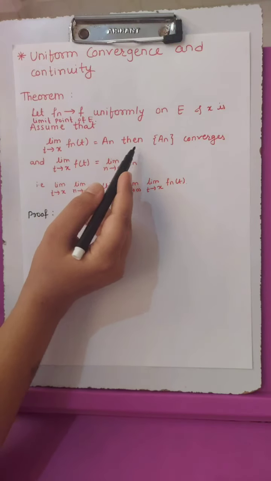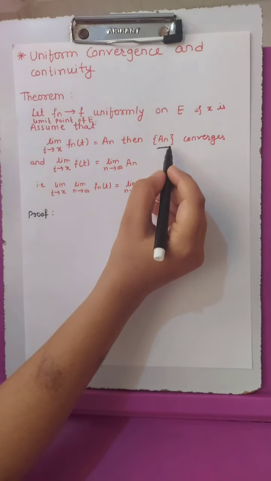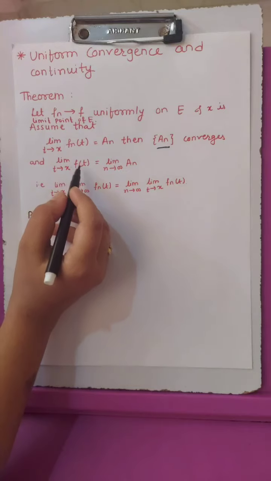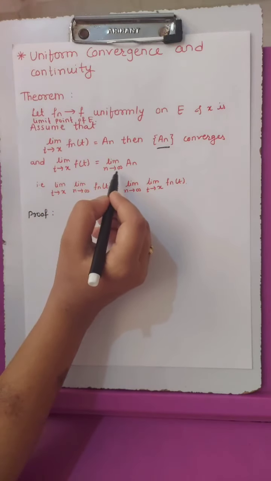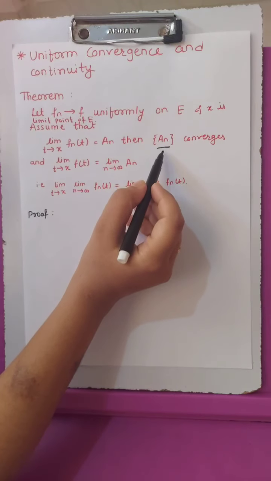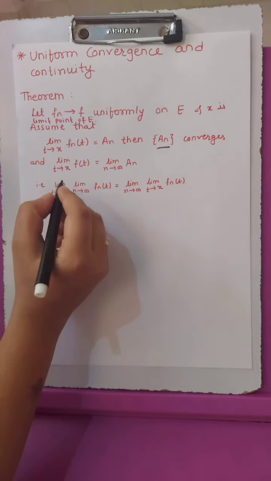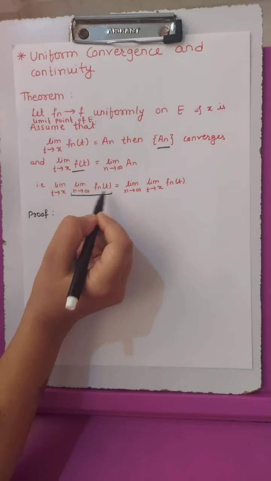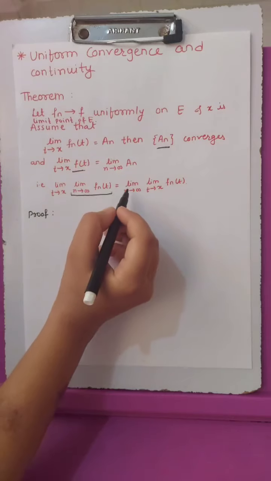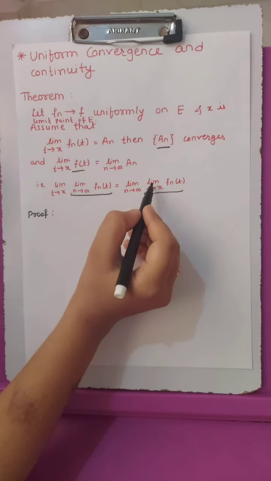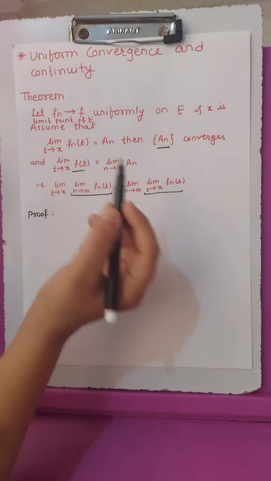Then we have to prove that this sequence An converges and limit t tends to X of f of t is equal to limit n tends to infinity of An. That is, we have to prove that the sequence converges, and also in place of f of t we can have limit n tends to infinity of Fn of t, since it is given, and also we know that An is limit t tends to X of Fn of t.